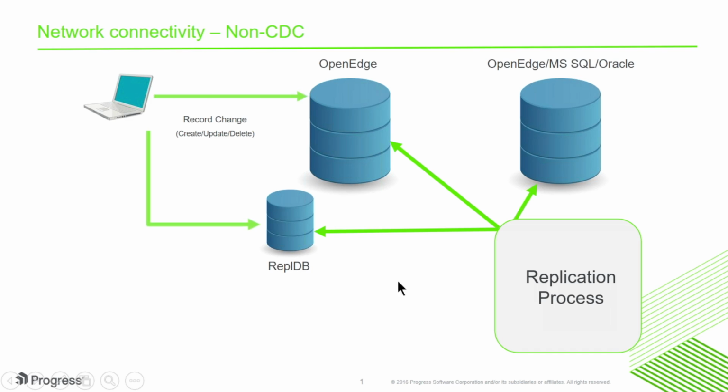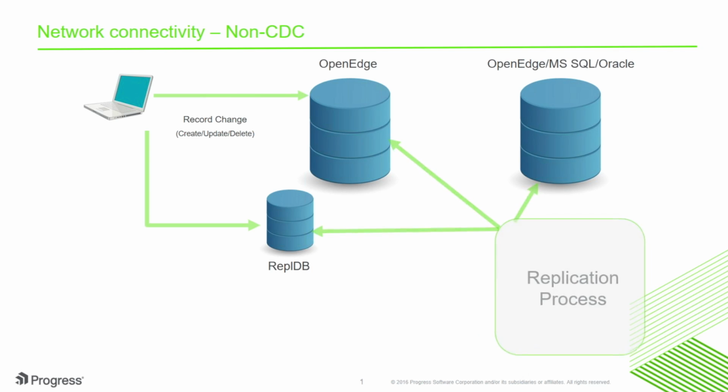Once a queue record is applied, we have a replication process service that is constantly monitoring for events that show up in the queue. That process is potentially tied back to the source database as well, and also to the target database.